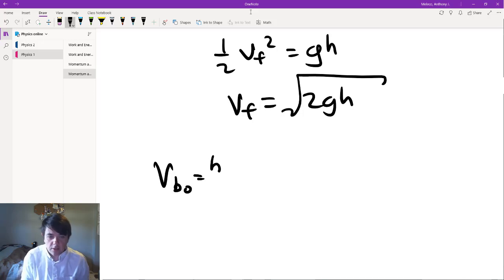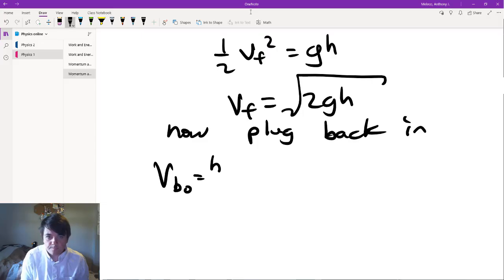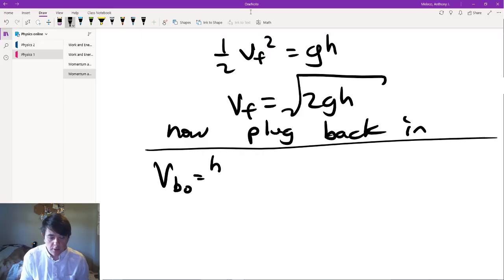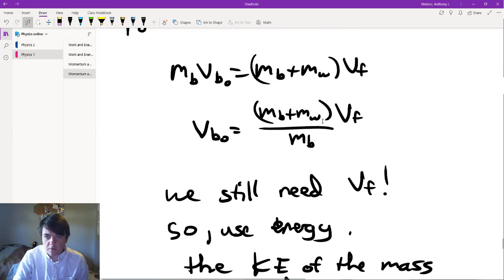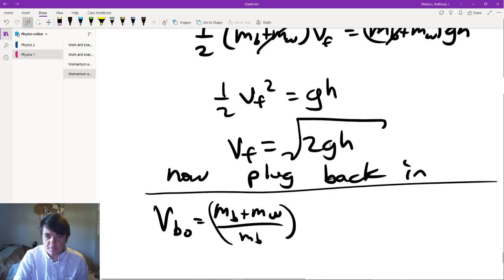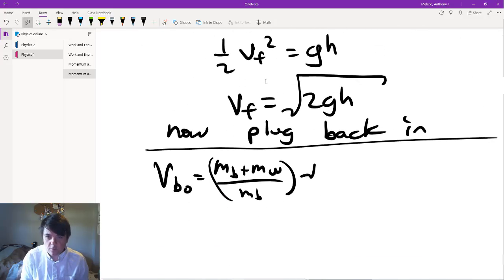So now we plug in. So now plug back in. So we had our MB plus MW over MB, I believe, times our V final, but our V final is square root of 2gh.